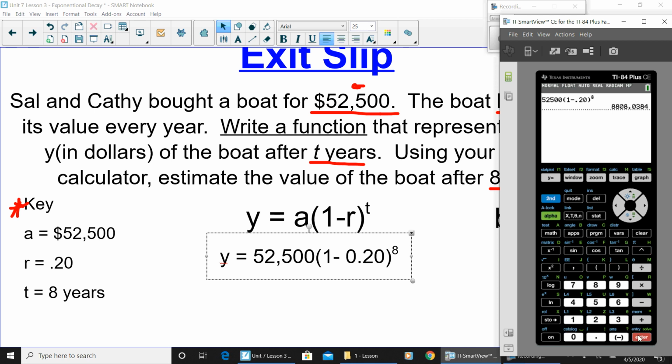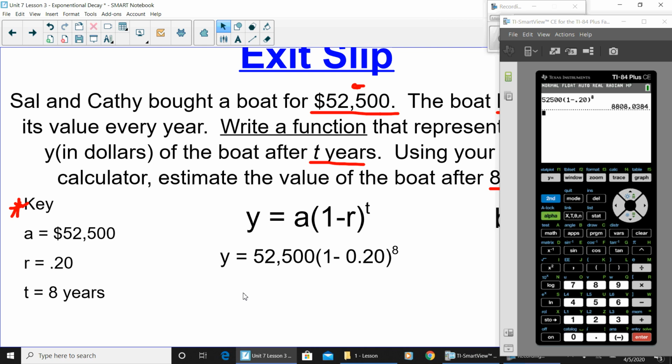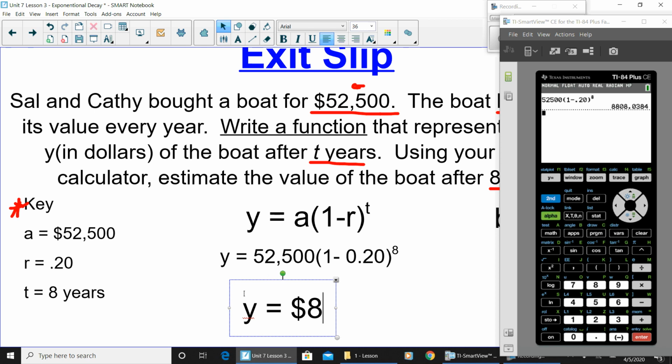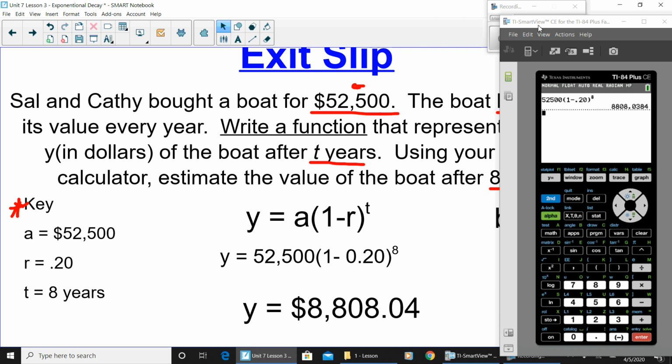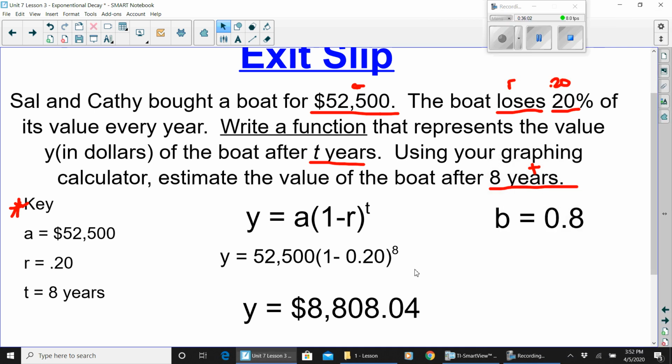And let's try this one more time. And we have y. This boat is 8,808 and it gets rounded to 0.04. So that's the value of the boat.